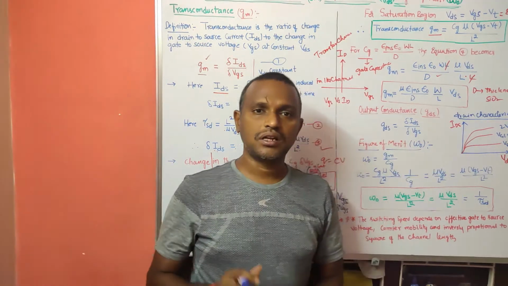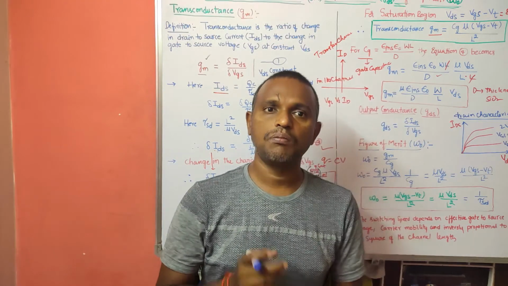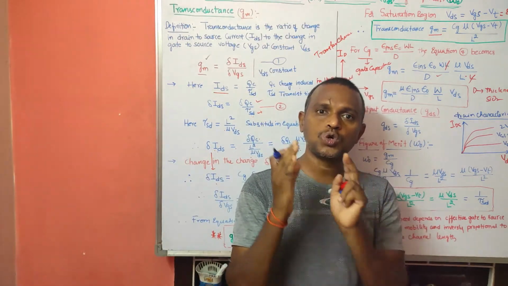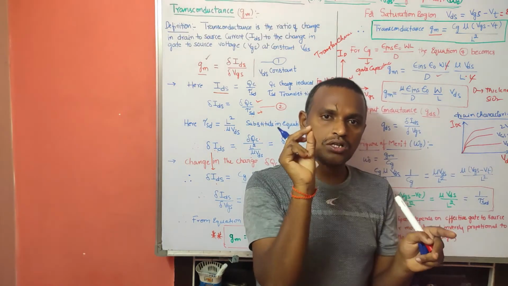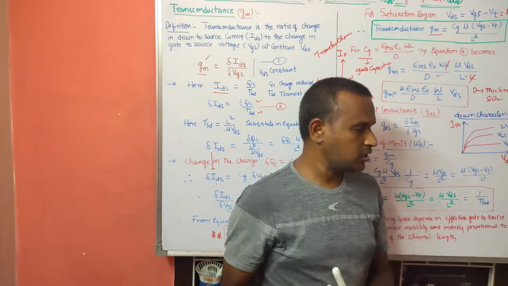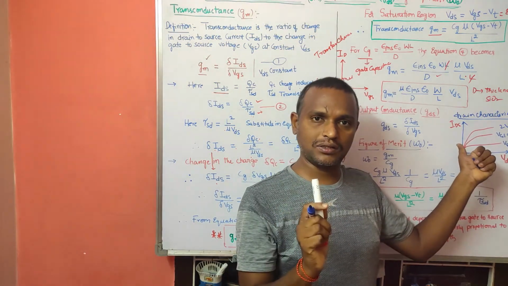So the drain characteristics, or the output characteristics, will be drawn between the drain to source voltage and its corresponding drain to source current at a constant value of VGS.